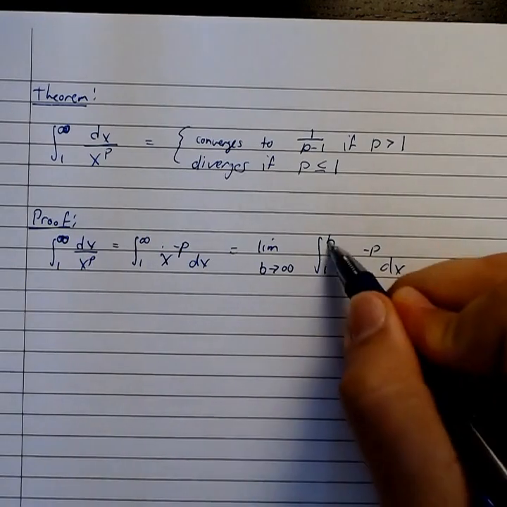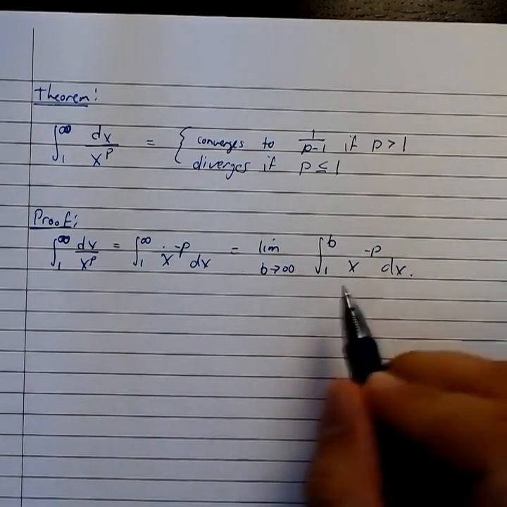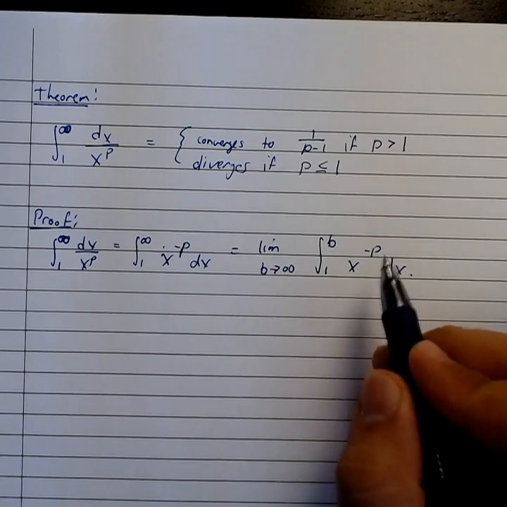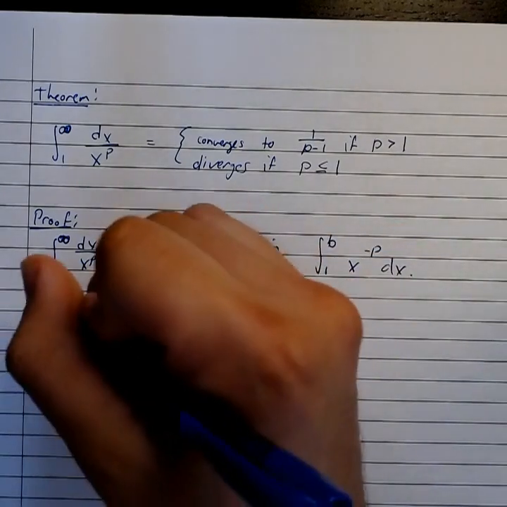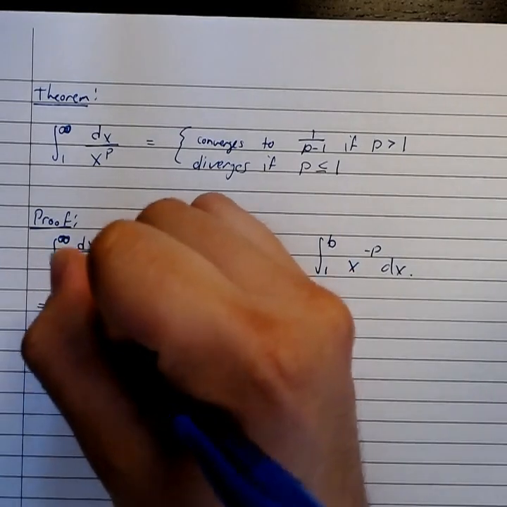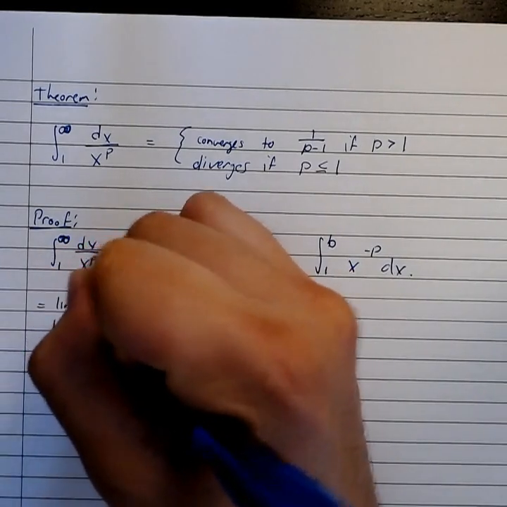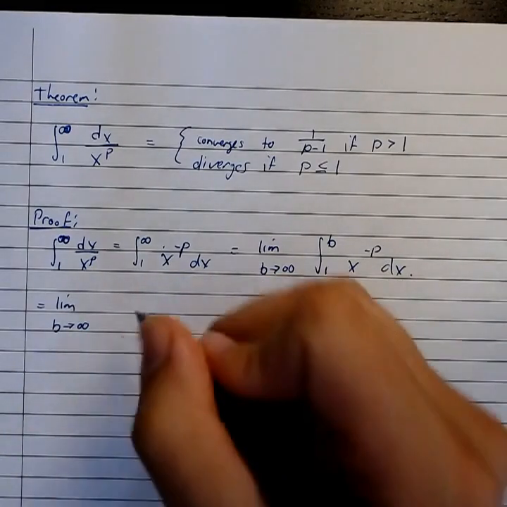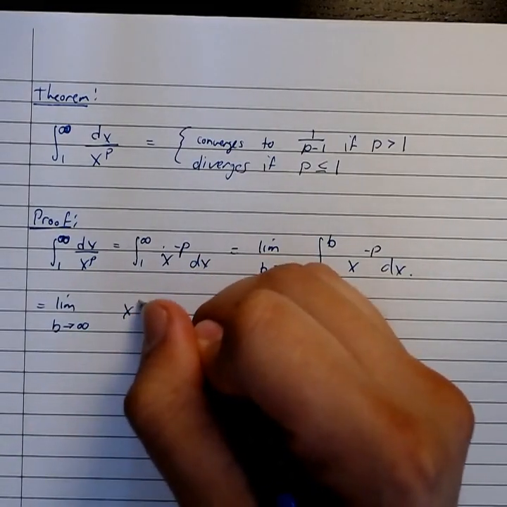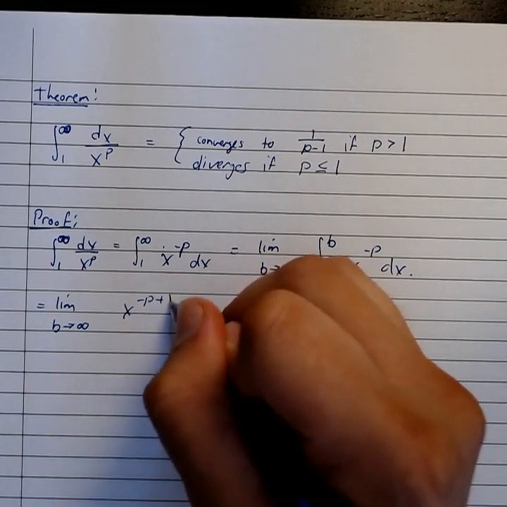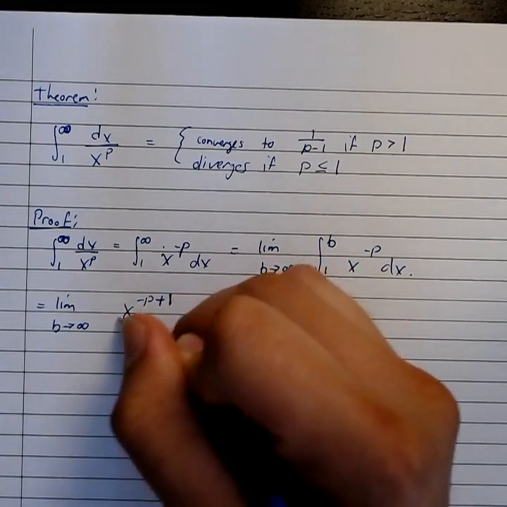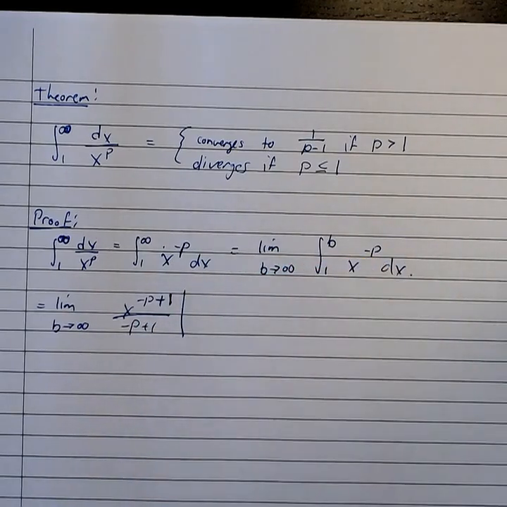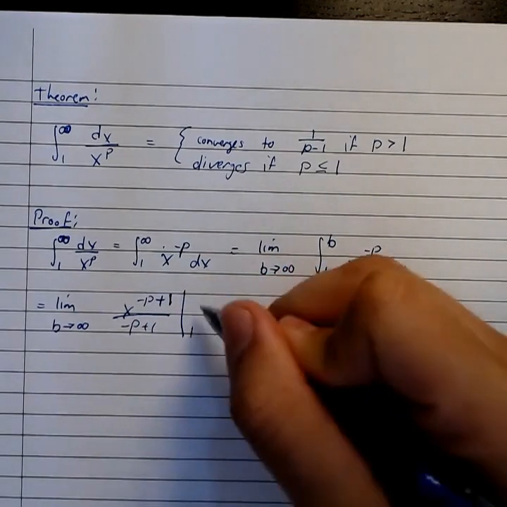All right, so let's go ahead and take our integral. Here that uses nothing more than the power rule. We're going to add 1 to the power and divide by the new power. So here that's going to equal the limit as b approaches infinity of, now here I'm taking the antiderivative, so that's going to be x to the minus p plus 1, and then I'm dividing by the new power, which is minus p plus 1, and that's being evaluated from 1 up to b.